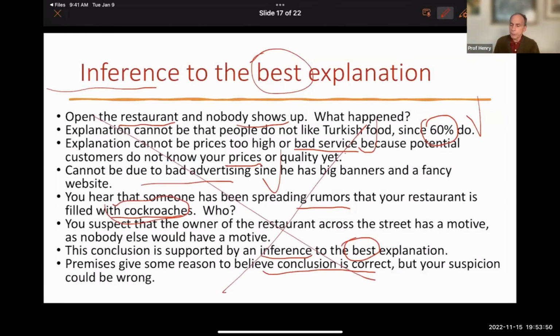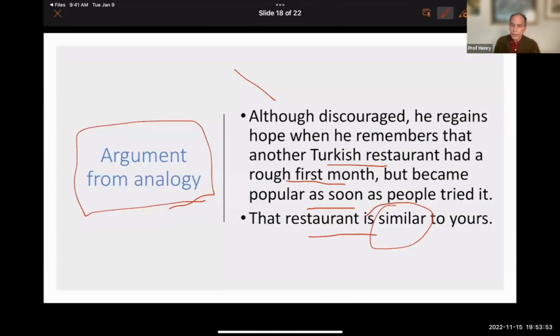He's probably not spreading rumors. Now I know there's another Turkish restaurant that is similar. Of course, you have to decide, what do you mean by similar, right? If the similarities are pertinent, now you could say, all right, it's just the first month.